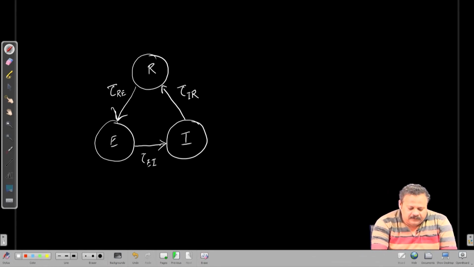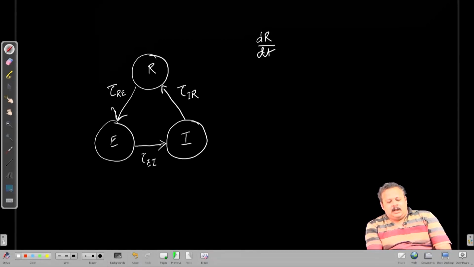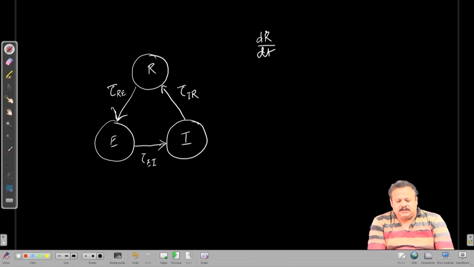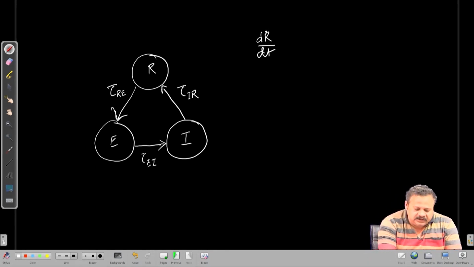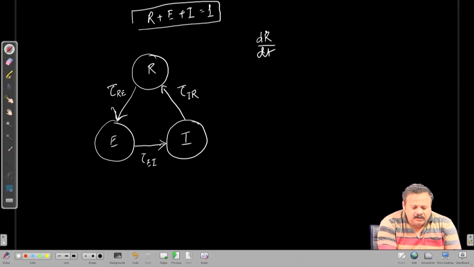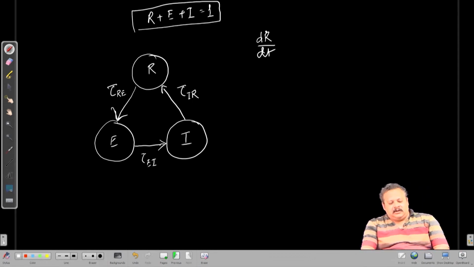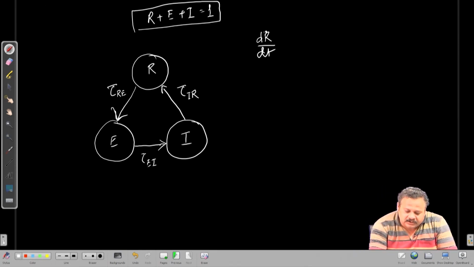Now, if we think of the way R is changing, that is dR/dt over time, if this is the concentration of R. So, let us say normalized concentration, that is R plus E plus I is fixed to 1, that is the total concentration is 1 of the neurotransmitter, and R, E and I are basically the fractions, can be represented as normalized concentration.